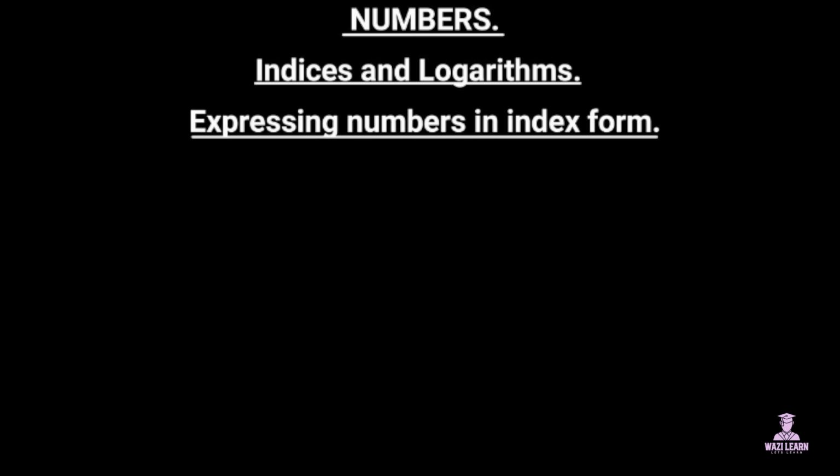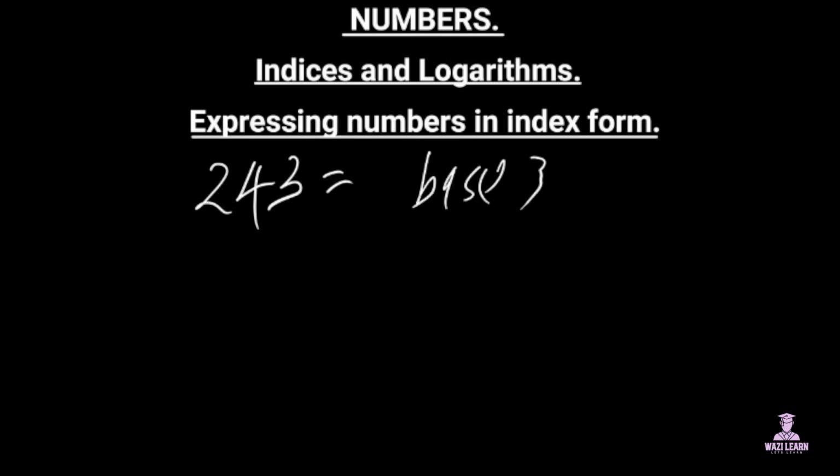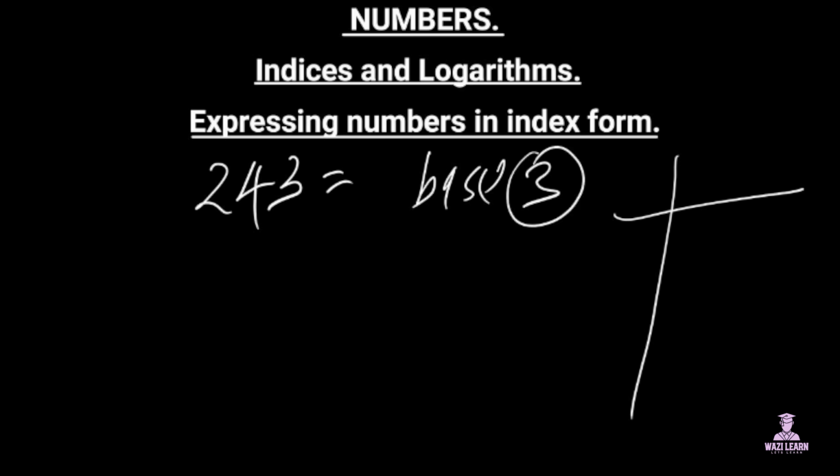Another example, let's say we have the number 243. You are being told express 243 in index form with the base 3. This means we'll be expressing 243 as a product of prime factors, where our prime factor here is 3.